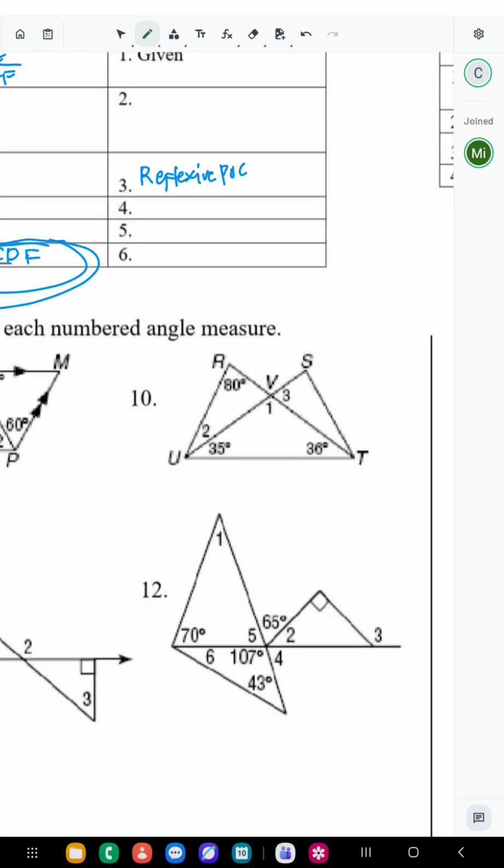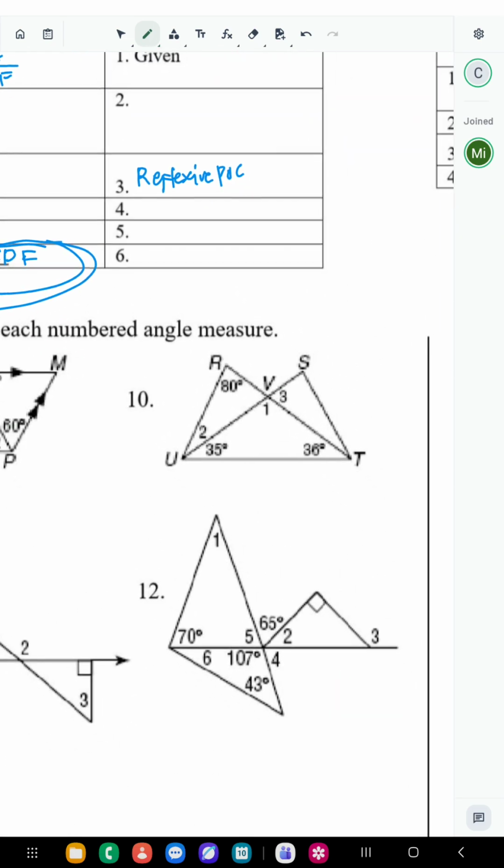Then for number 10, if that is 35, is this 36? This one 36, right? So 180 minus 36 minus 35. So that means this angle 1 is 109 degrees. And 109, angle 3 is 180 minus 109.